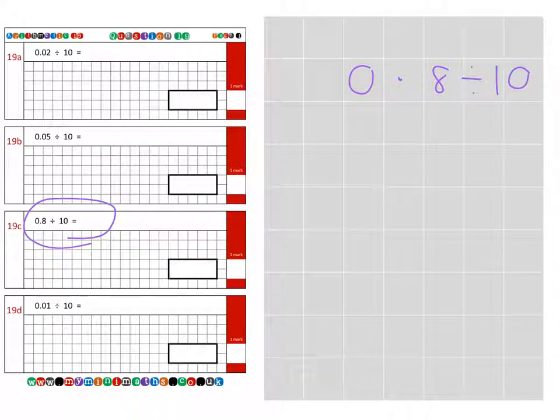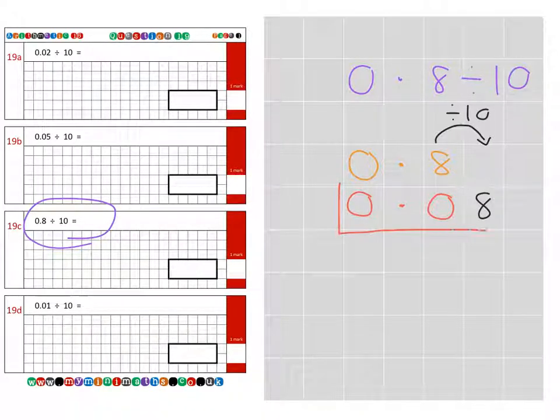So if we take the original number, 0.8, and we move that 8 one space, which is dividing by 10, into the hundredths column, and then we can fill in those spaces with zeros to give us a final answer of 0.08. It's also worth looking at the original question as 80 pence. When we divide it by 10, it gives us 8 pence.